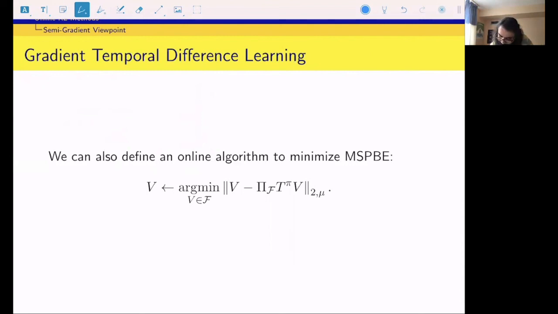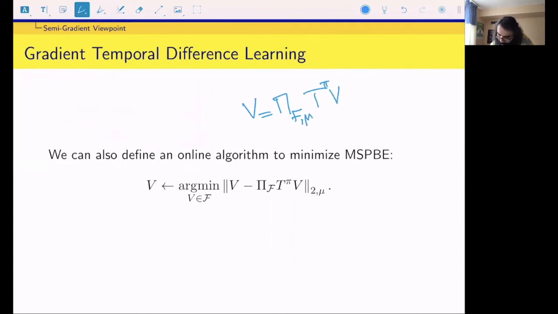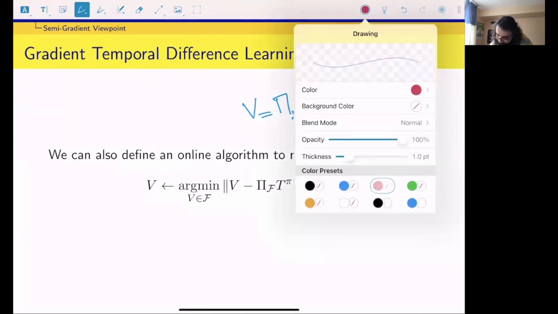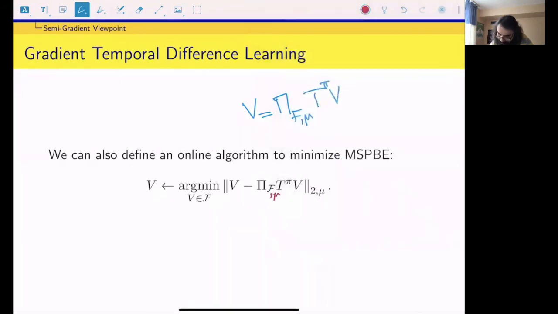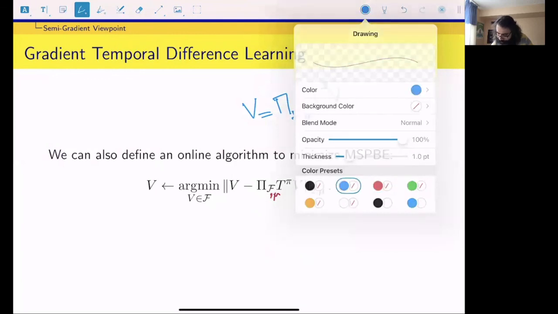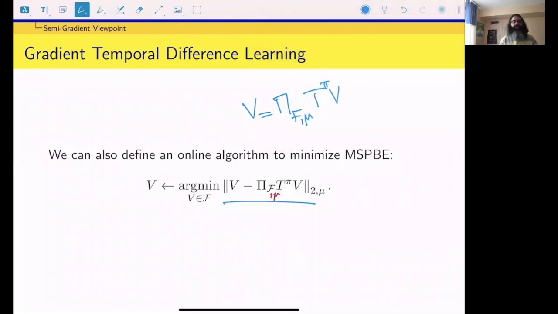So instead of trying to solve a fixed point equation, which we had here, they try to solve this optimization problem in an online fashion.